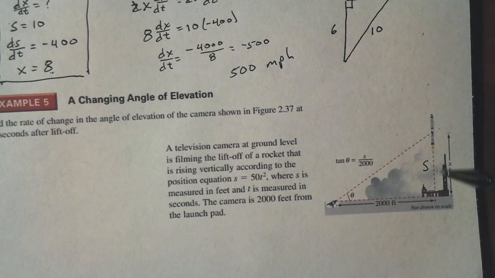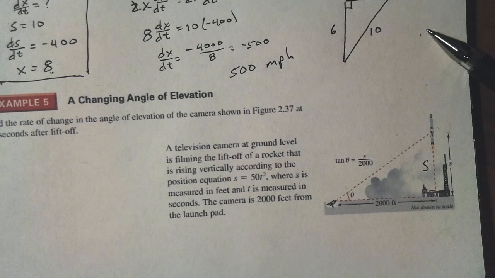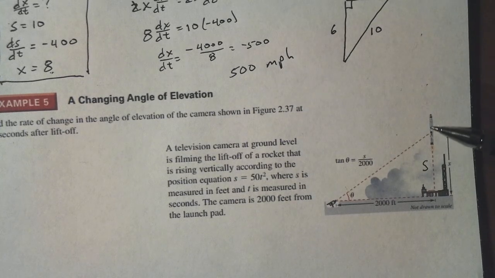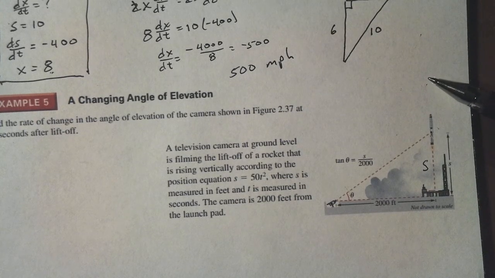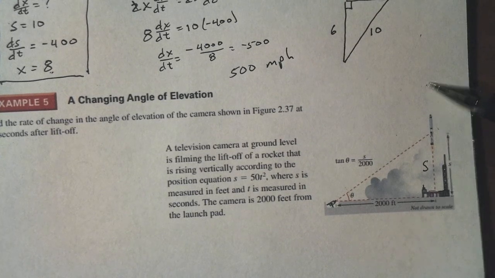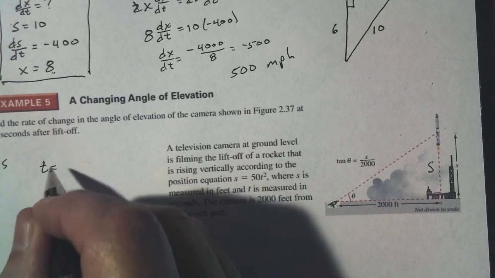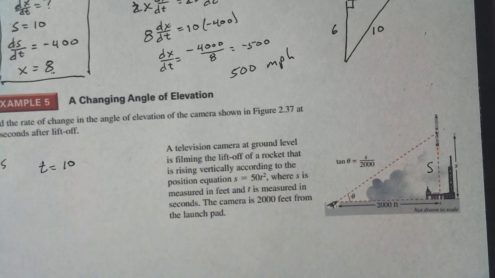The movie is the whole thing playing, this rocket going up into space. The snapshot is taken 10 seconds after liftoff. So here's our snapshot right here. T equals 10.